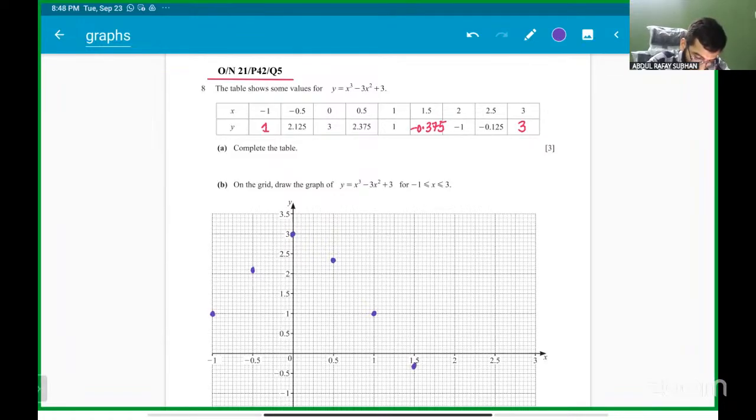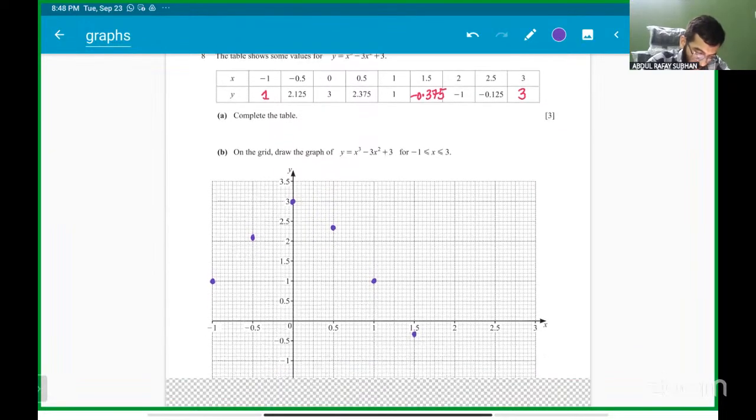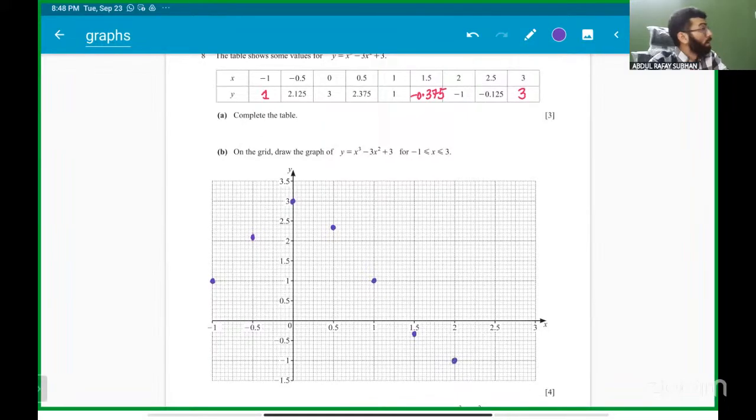And when we got that as 2, so 2 will be -1. And then I have 2.5, that will be negative 0.125, something, let's take it here above. And the last one will be 3 by 3, so we got back 3. When x is 3, y is 3.